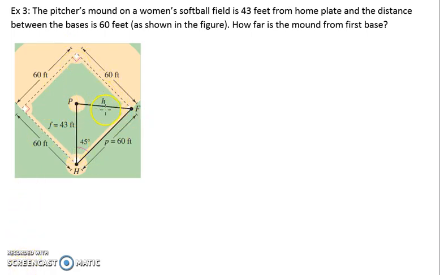So what we're trying to find is just H, which is a side, and we know its angle that's across from it. So this is a side angle side one. So we can say H squared is going to be equal to P squared plus F squared minus 2 times F times P times the cosine of, we'll call it cosine of H, but really we just mean this angle here.